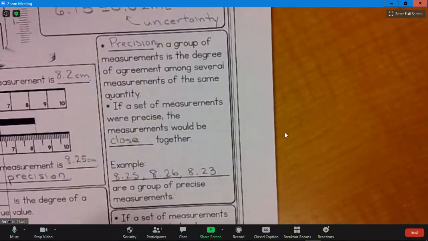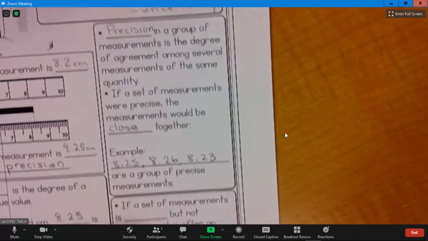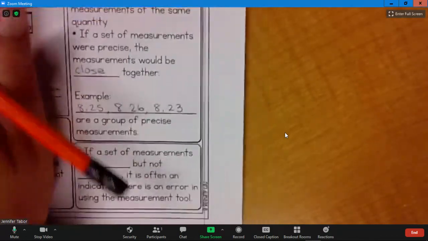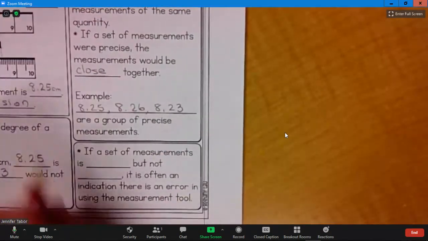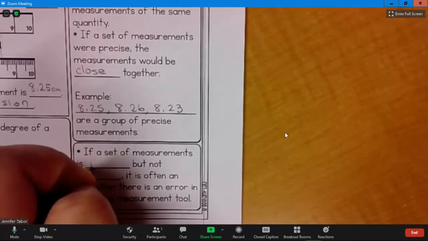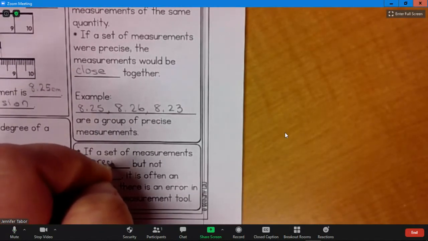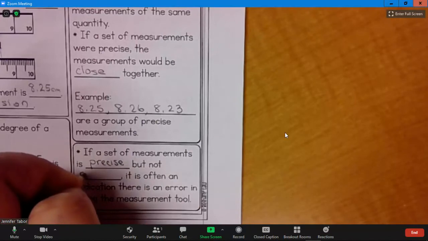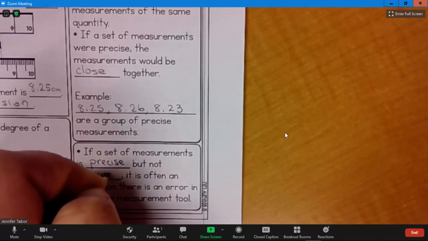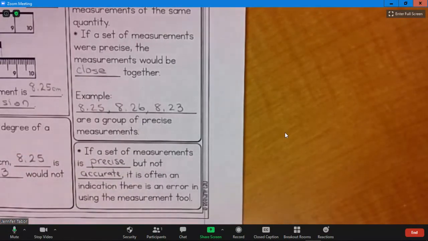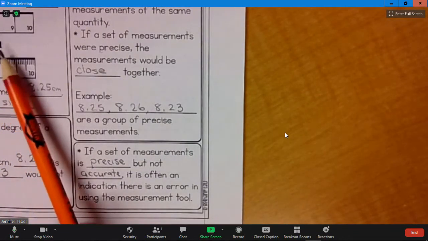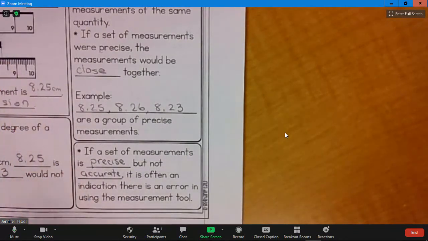Okay. And just another important thing to remember is if a set of measurements is precise, but it's not accurate, then there might be a problem with the measuring tool, right? So if, say, you were measuring this and you got 8.5, 8.5, 8.5.